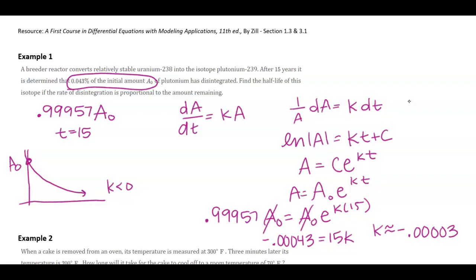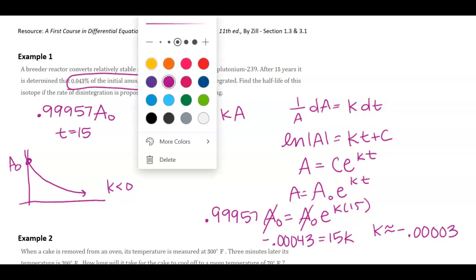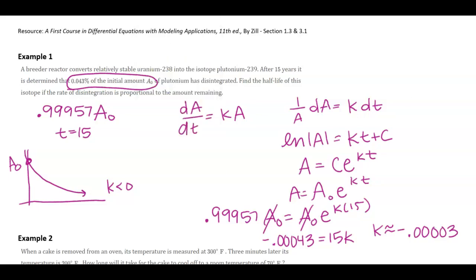Now, if I want to go in and find my half-life, then I can do that same thing maybe here. So I know that half of the initial amount must be equal to the initial amount times e to the kt, where k is that number.